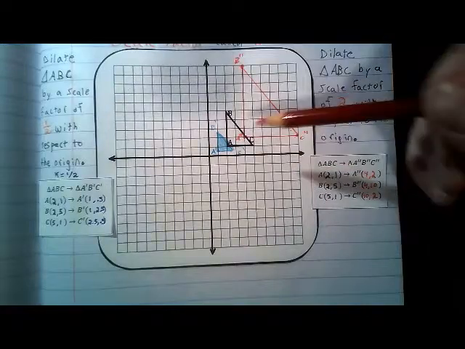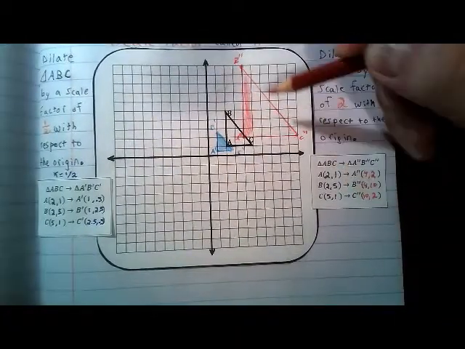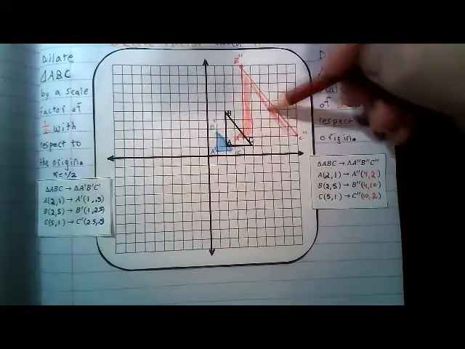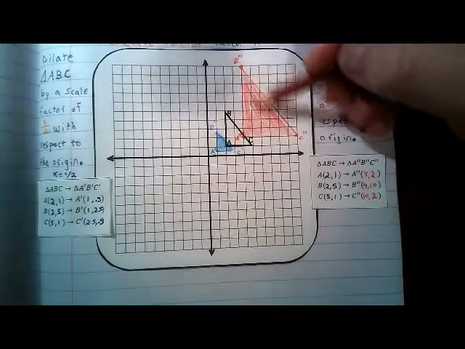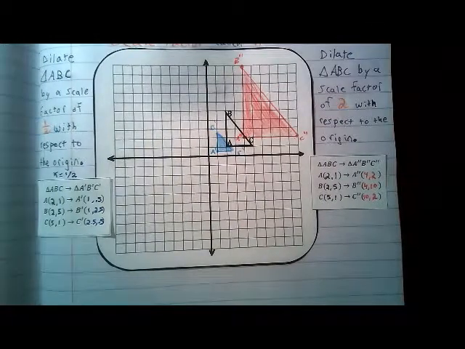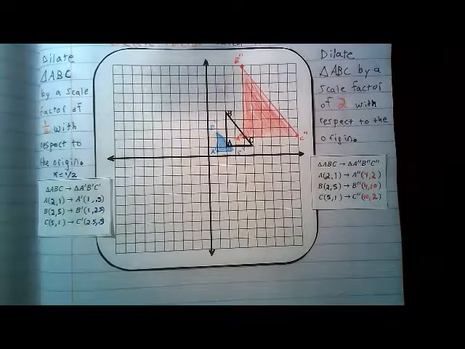And to make it easier to see, we're going to shade that in as well. Okay, so we've got 2 different scale factors, 2 different dilations of the same exact figure.